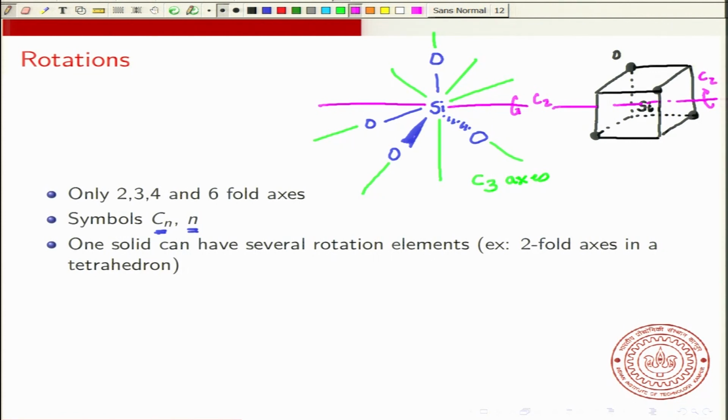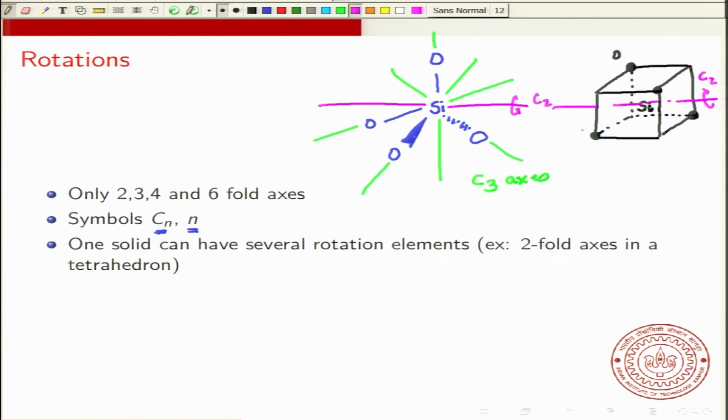You can see if I rotate by 180 degrees around this, the silicon atom stays where it is. This oxygen moves to this oxygen, and this oxygen moves to this oxygen. So you get an identical configuration. So clearly this is a C2 axis that essentially permutes these two oxygens and these two oxygens amongst each other.